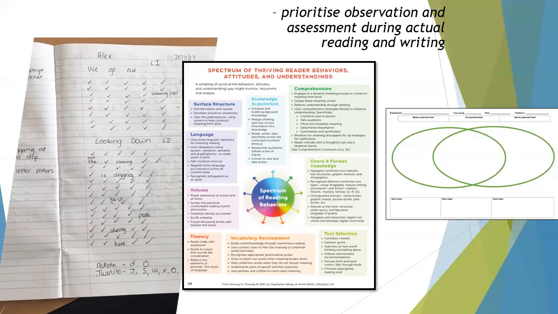But importantly, underneath you'll see a little table and it says next steps. So for each of those groups, once you've identified their reading behaviours, then you can plan appropriate learning for those small groups, which will help you to be fulfilling Essential Practice 3.